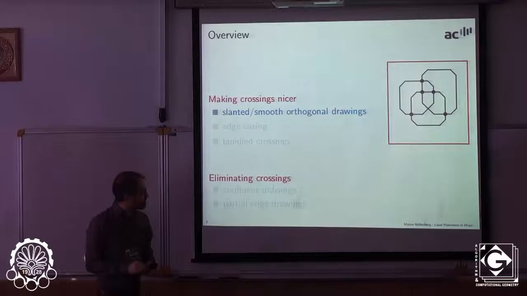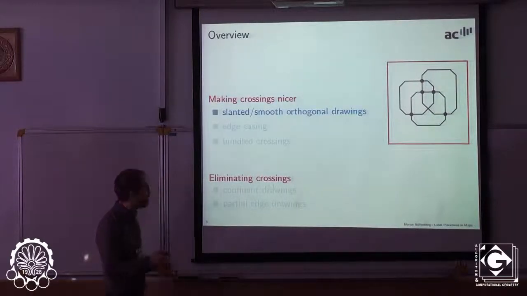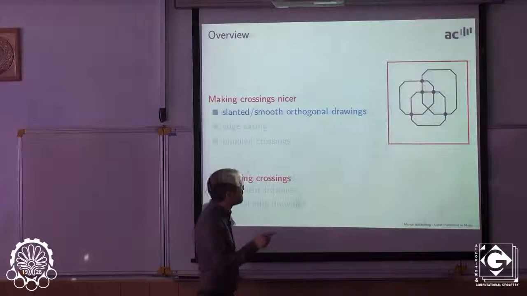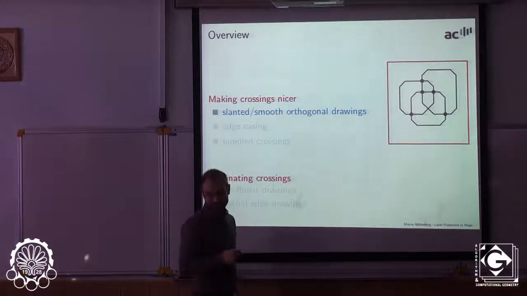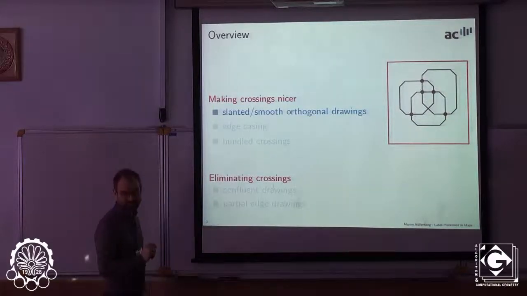What the slanted orthogonal drawings do is that they additionally allow use of some diagonal edges, like we did in the metro maps. They use them to make sure that every bend is 135 degrees, so there are no very sharp bends. And one extra property is that if you need two edges that cross, they always cross only on diagonal segments.